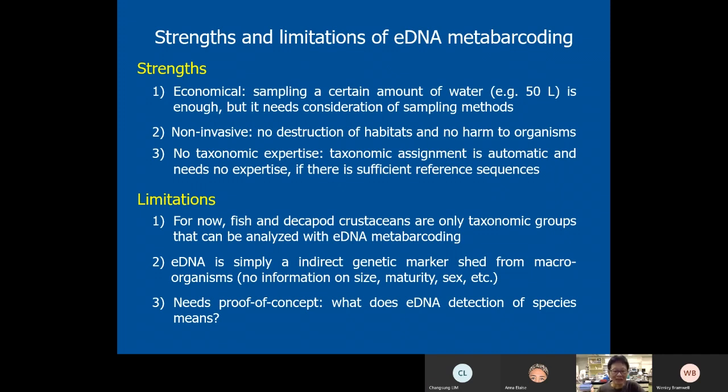Second, eDNA is simply an indirect genetic marker shed from macroorganisms, and there is no information on size, maturity, and in many cases, sex. And in the case of deep sea fishes, it needs a proof of concept. What does eDNA detection of a species mean? It may simply flow from other places, or it may mean the species occurs at that place.